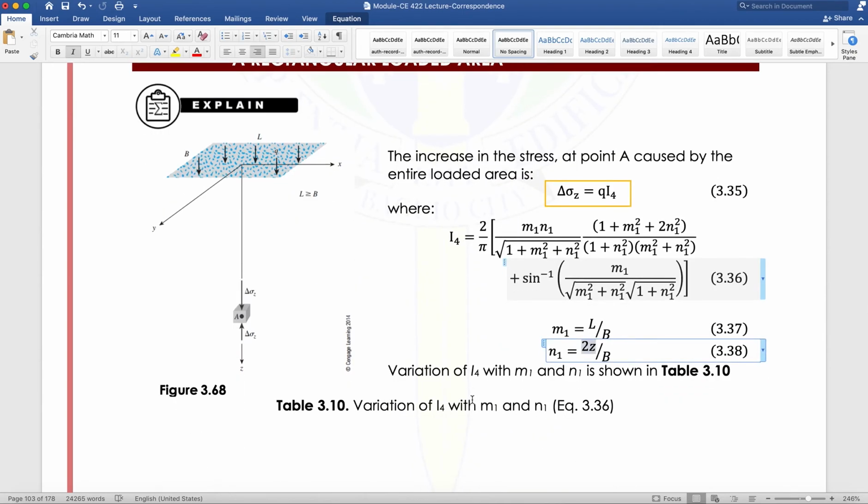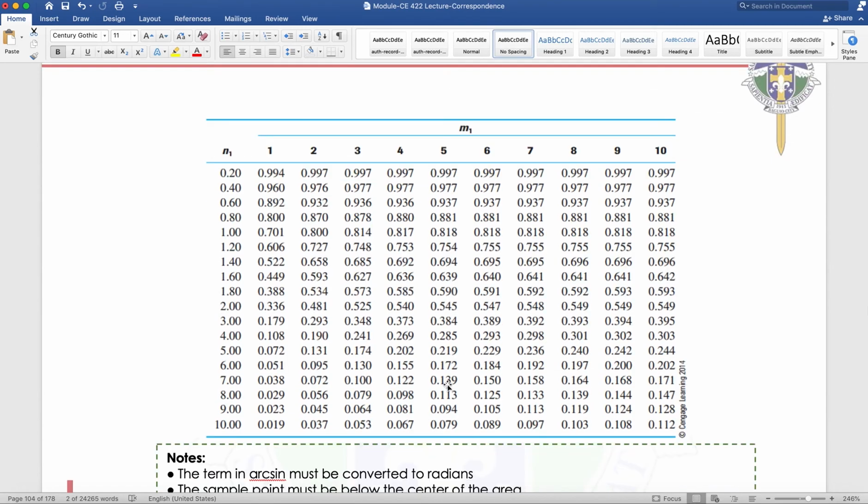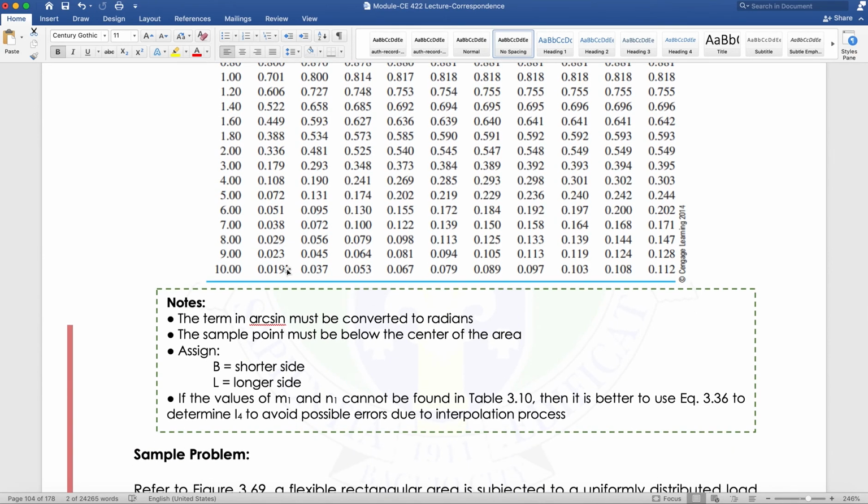And again, like the other problems, we can have two solutions here. We have the equation, or we can have the aid of table 3.10. So we have here the variation of table 3.10. So we have the value of M and we have the value of N. Now what we need to take note is the term in arc sign must be converted to radians. Then the sample points must be below the center of the area.